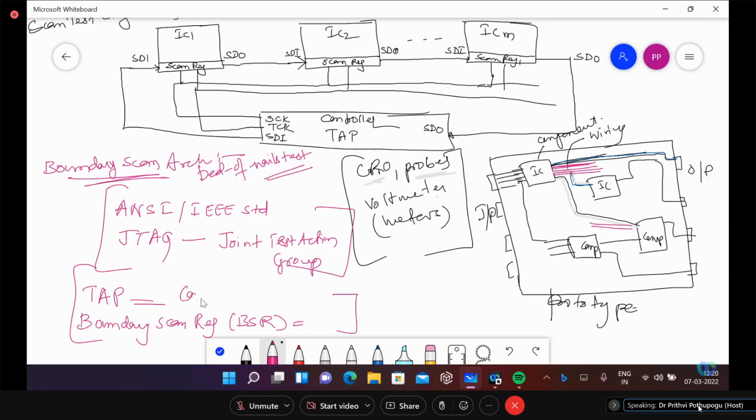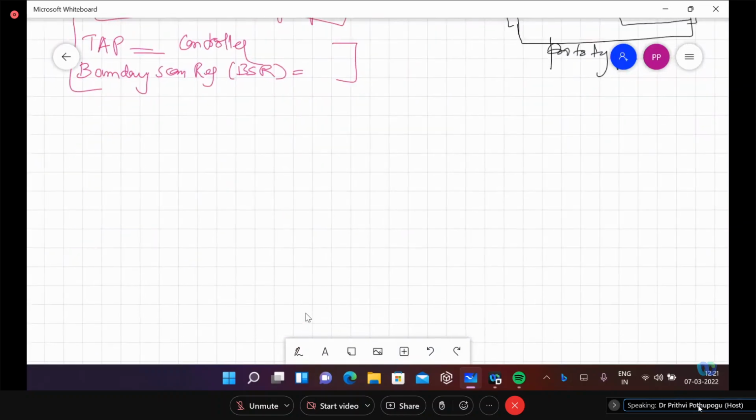Tap controller and boundary scan register. This has to be a standard manufacturing procedure that every IC manufacturer has to follow for their IC product development.